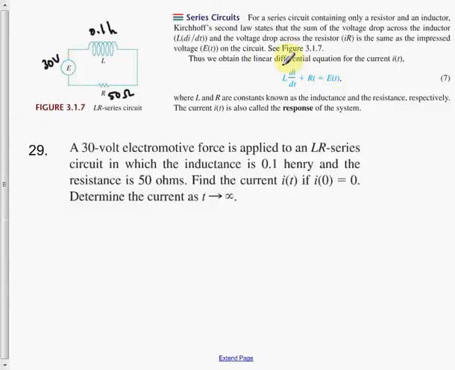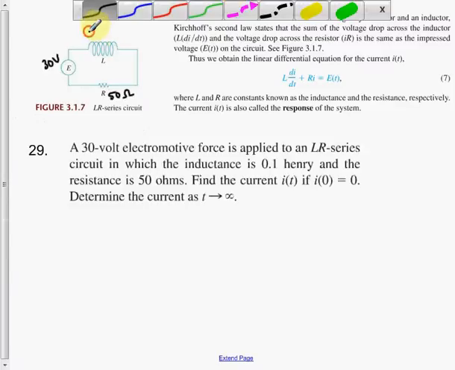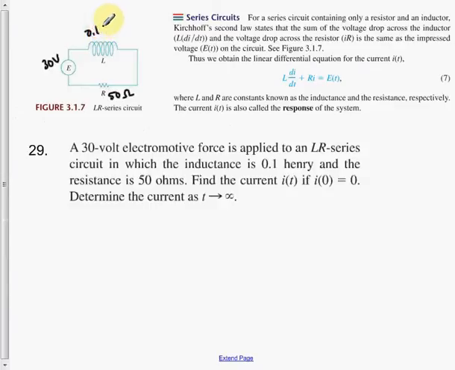So this system can model the linear differential equation, where L is the inductance, and R the resistance, and then E here we have 30 volts.